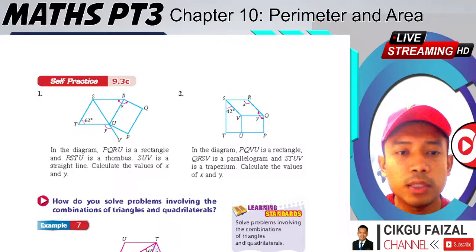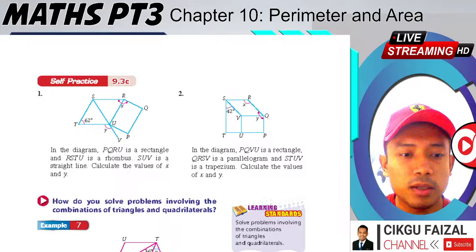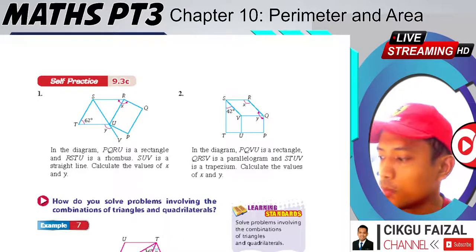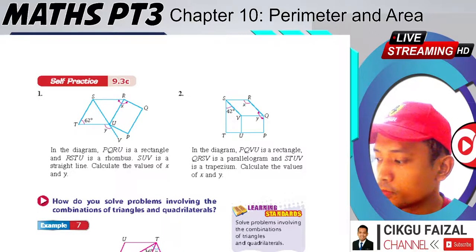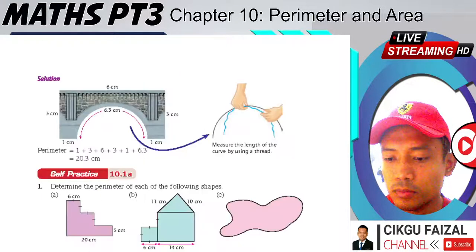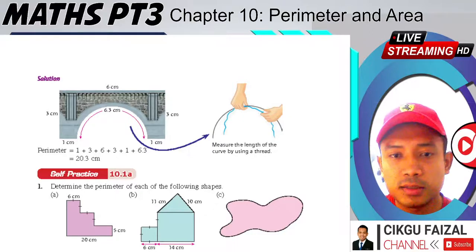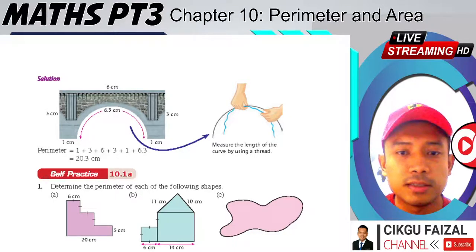In the diagram, PQRU is a rectangle and RSTU is a rhombus. SUV is a straight angle. Calculate the value of... I'm sorry, this is a different topic. Sorry, typo. Okay, I'm so sorry for this. Sorry guys, due to a technical problem. Alright, this is the exercise.